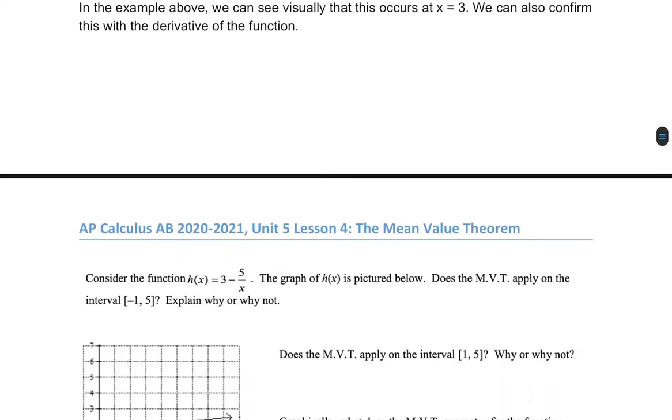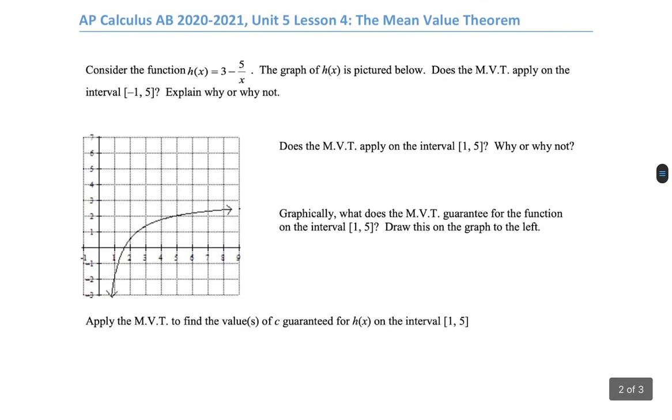We're going to do just a couple of examples of nuts and bolts here today because there's a couple of, like, especially for AP, ticky-tacky things that you have to say in order to apply the mean value theorem. So let's look at this function here, 3 minus 5 over x. We've got it graphed below. It's h of x. Step by step. First, does the mean value theorem apply on the interval 1 to 5?